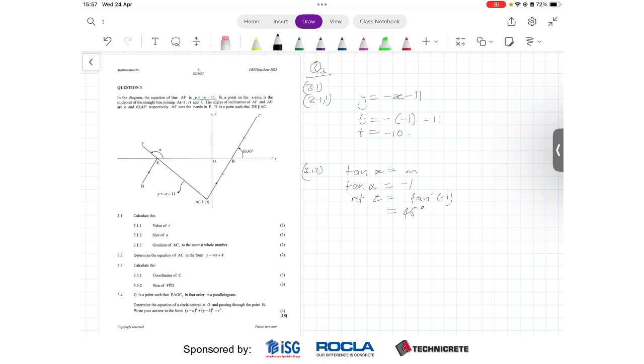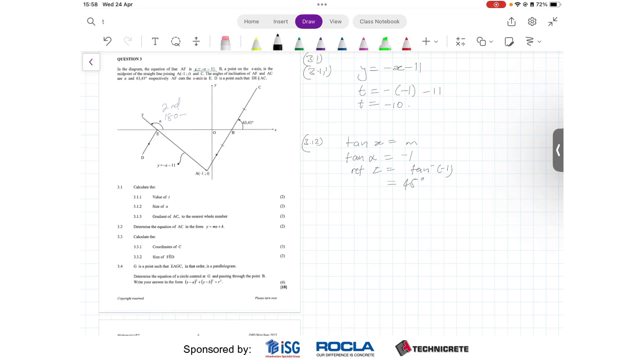And now looking for the quadrant that this angle falls in, this angle is in the second quadrant, and in the second quadrant, what do we use to reduce? We use 180 minus.